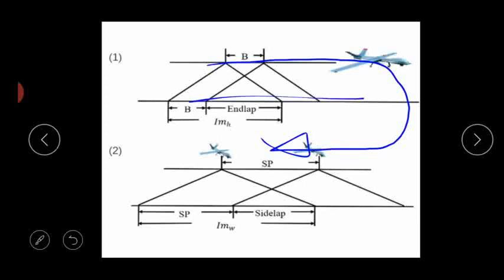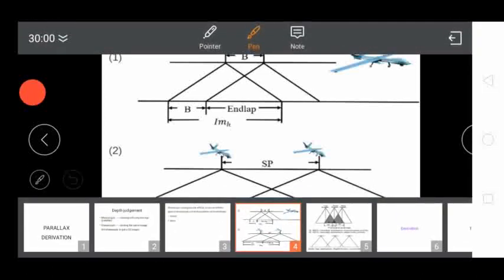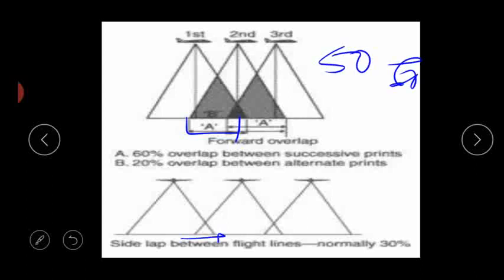This is forward overlap, this is side lap, and I had told you all that the forward overlap should have an overlapping area of 50 to 60%. Similarly, the side overlap, that is side to side overlap, should be 20 to 40%. Now moving to the derivation part.